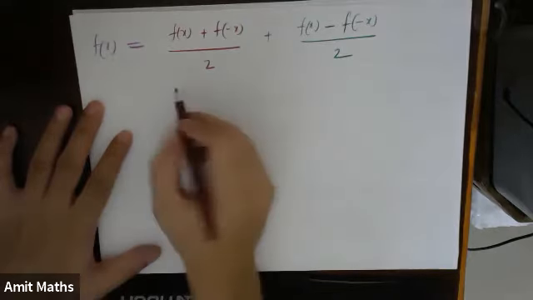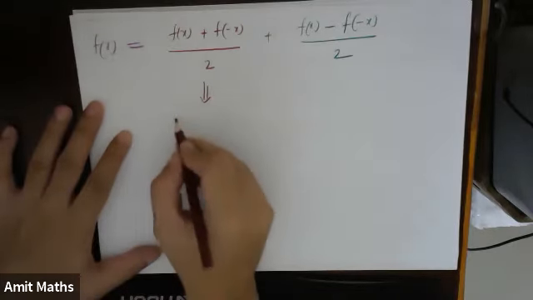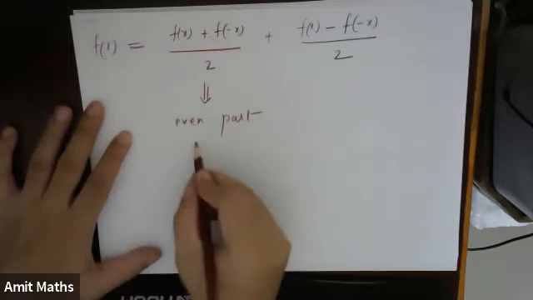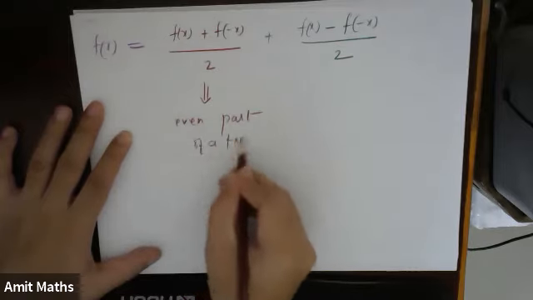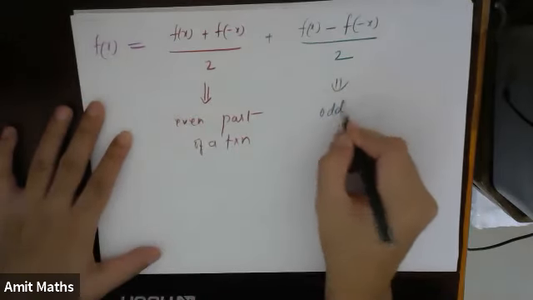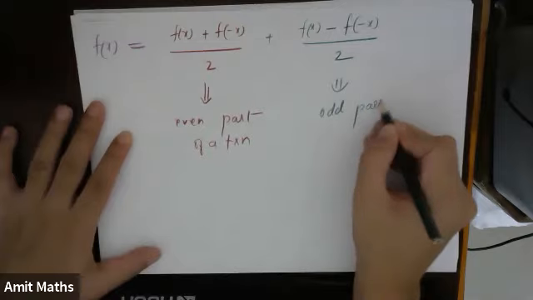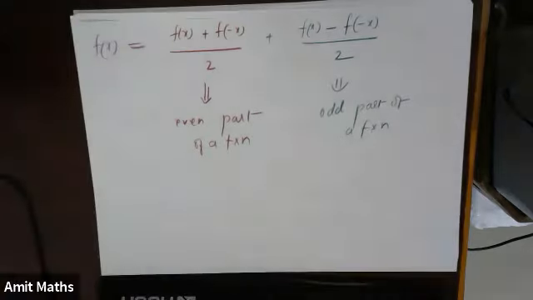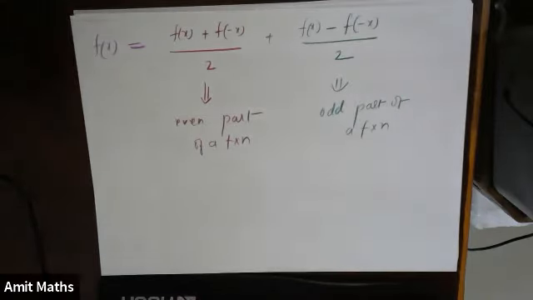This represents the even part of a function, and this represents the odd part of a function. Okay, just check this. We'll do some very basic questions on this.